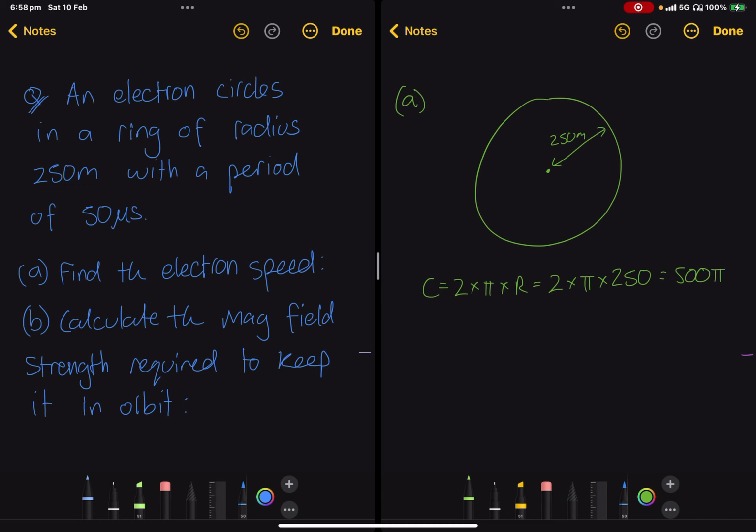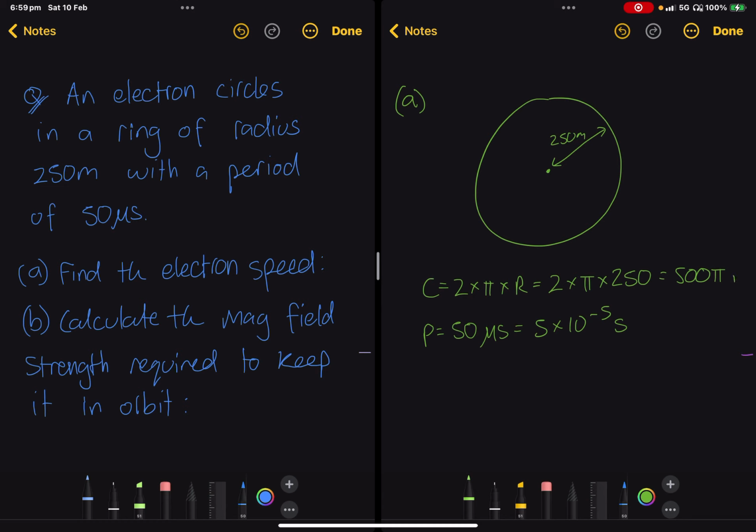Now we're told that the period is equal to 50 microseconds. If we convert this to seconds, 1 microsecond is 1 times 10 to the minus 6 seconds. So 50 is going to be 5 times 10 to the minus 5 seconds.